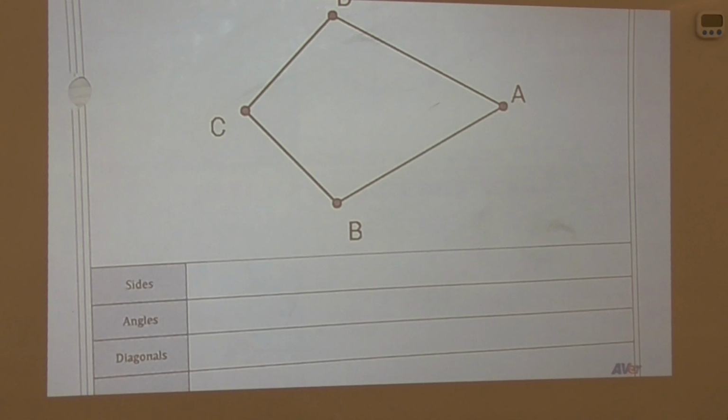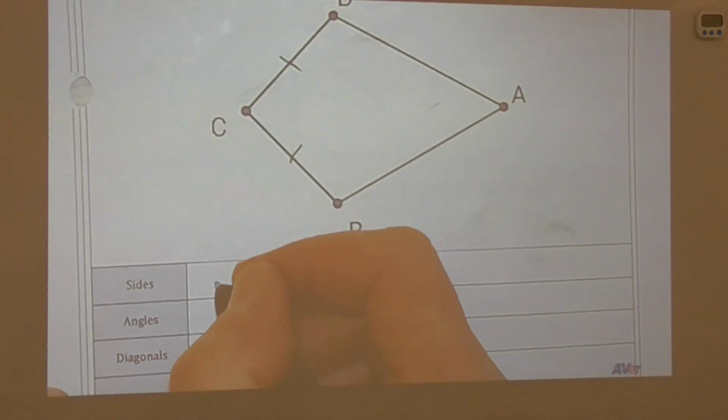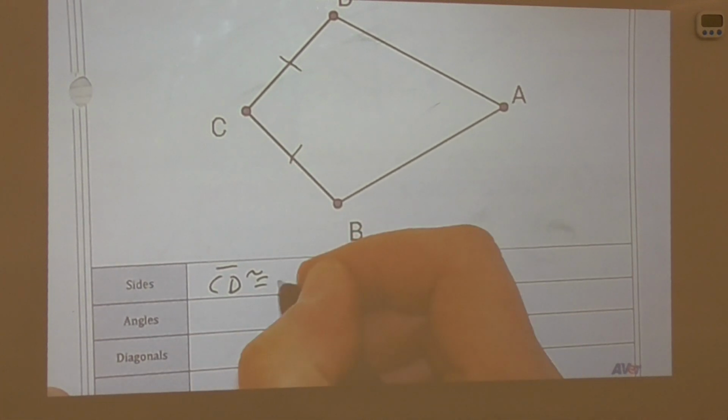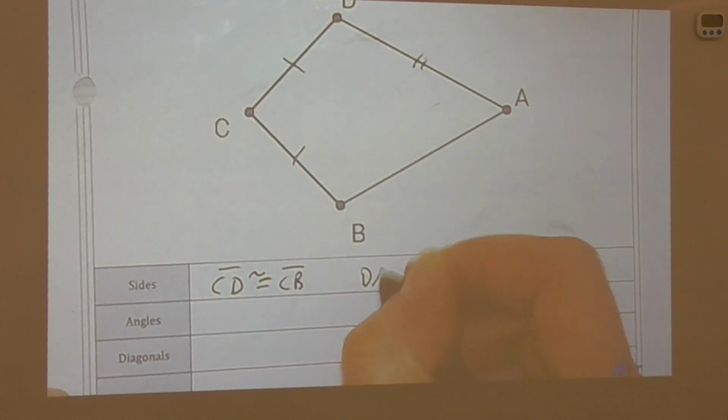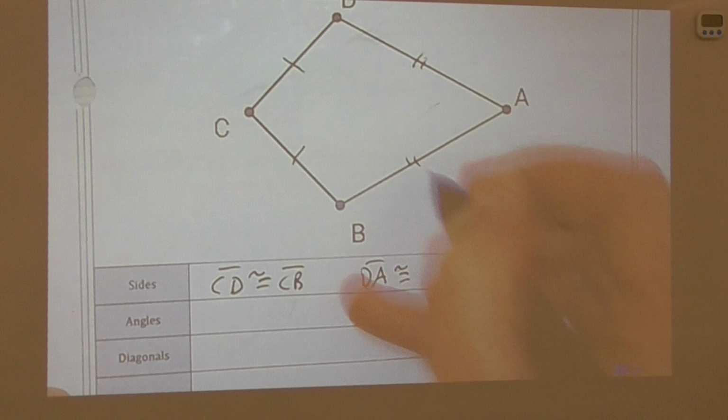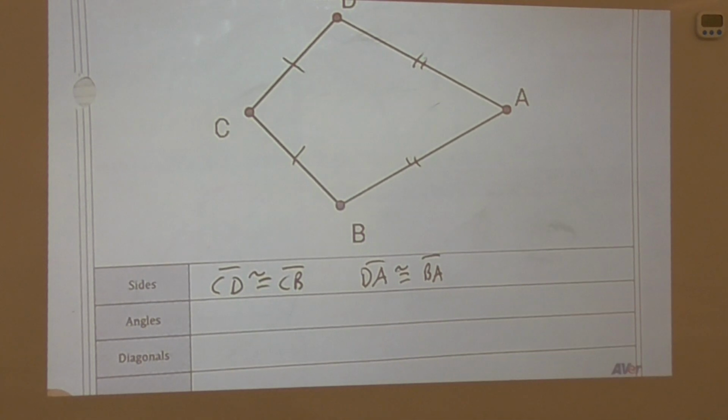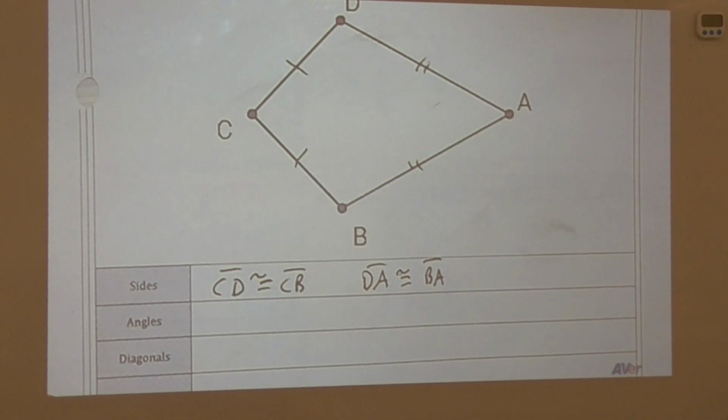So again, we have CD congruent to CB, and we have DA congruent to BA, that's two pairs of adjacent sides that are congruent.